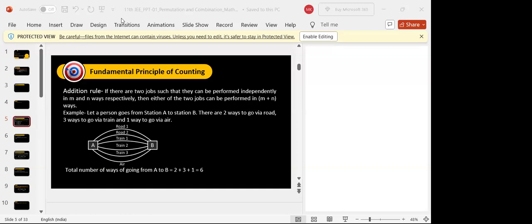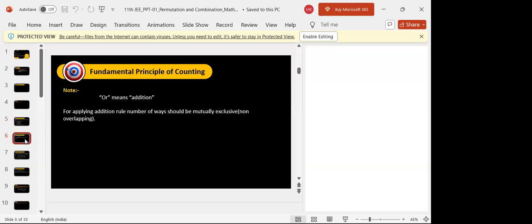He is not coming from the exit. So that is very important. Please make a note of this, because in some schools they don't teach this addition rule. They only go with 'or' means addition.